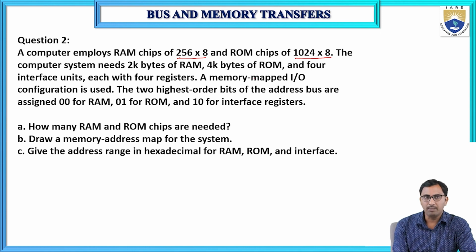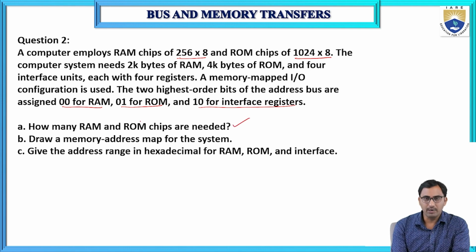The 2 high order bits of the address bus are assigned 00 for RAM, 01 for ROM, 10 for interface registers. So using the higher order 2 bits, we are able to differentiate the RAM, ROM, and the IO interface registers.